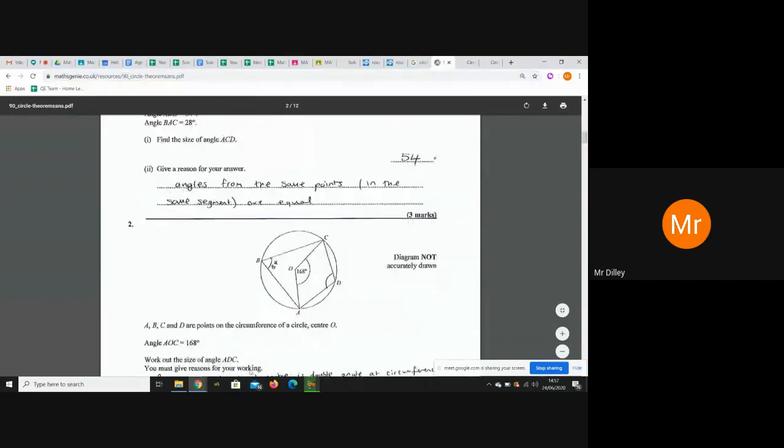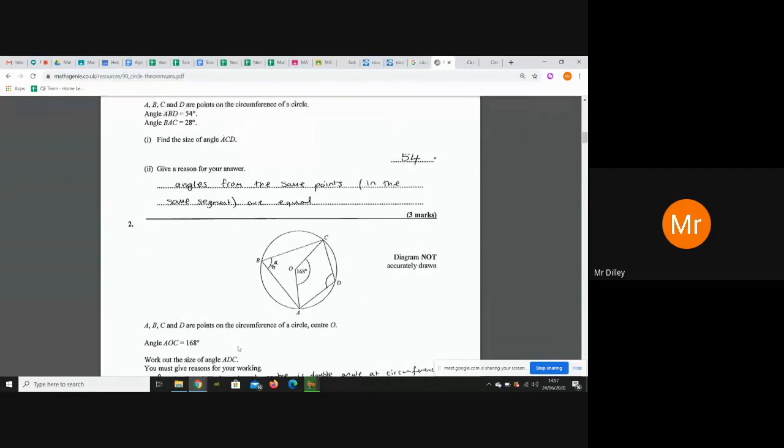So here's a more typical question. Diagram given, ignore the 84, that's part of the working. It says work out the angle ADC. It says ABCD are on the circumference. That's 4 points. It gives you an angle and asks you to work out another angle.